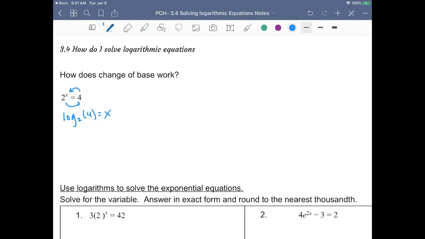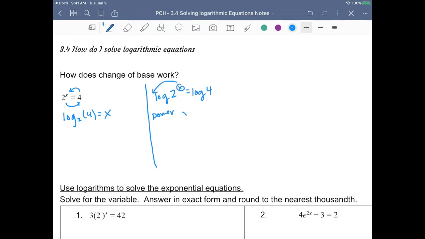Okay, so just keep this in mind for a second. What the real thing to do when we solve for x is we are going to take the log of both sides. So I'm going to take the log of 2 to the x and the log of 4. I'm going to use my power property to move the x to the front.